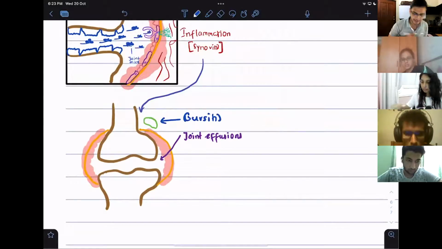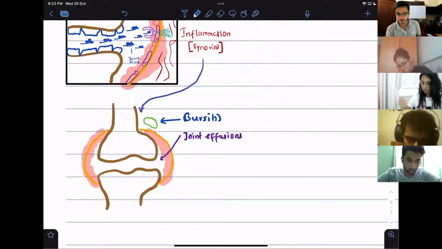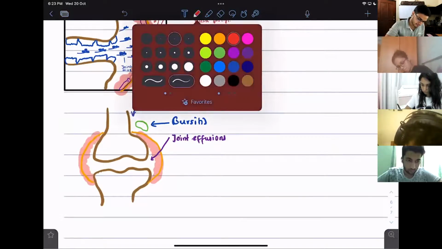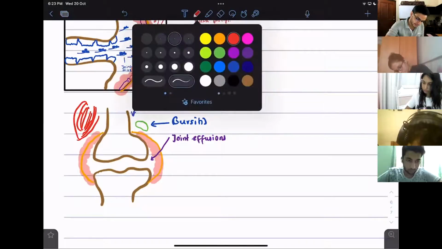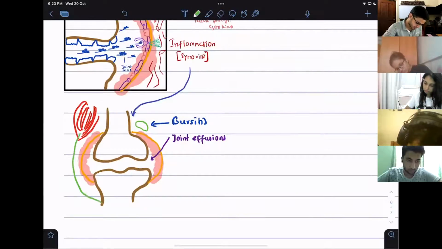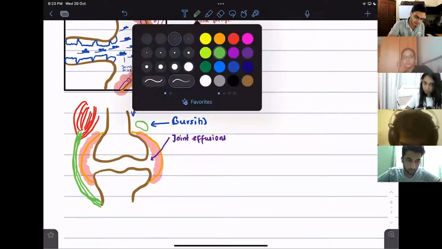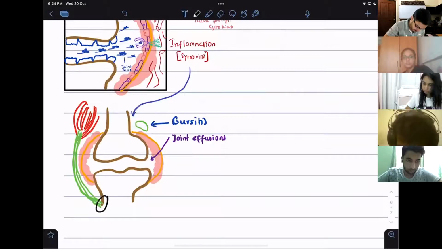Then if there is a muscle somewhere here, and that muscle's tendon attaches to this bone, where a tendon attaches to the bone, there also can be some inflammation.